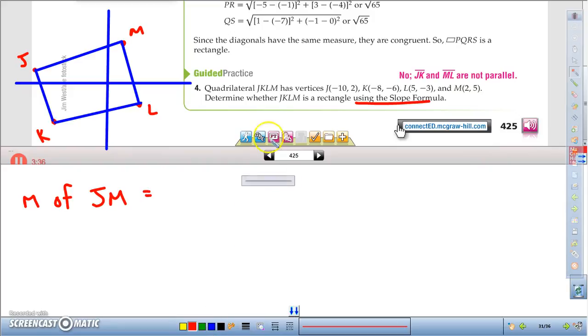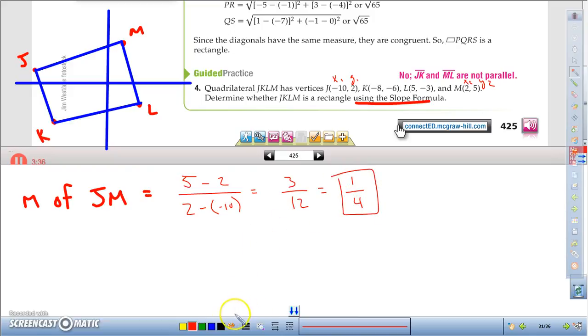And let's go up here, label my points for J and M as x1, y1, x2, y2, and plug into my formula of y2 minus y1 over x2 minus x1. And so my slope is 3 over 12, which reduces to 1/4.